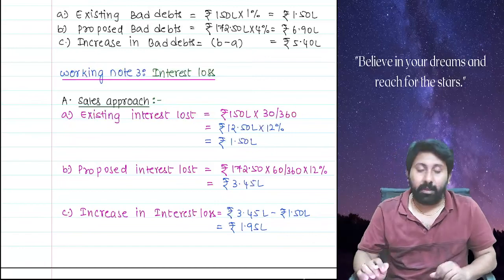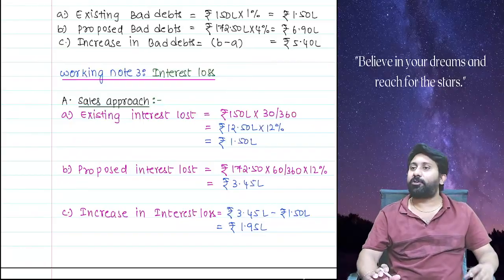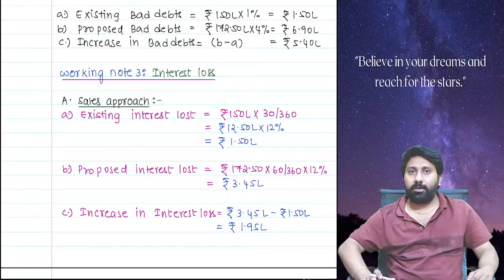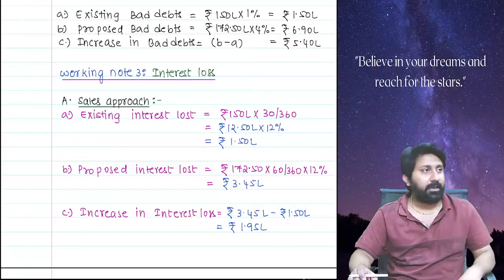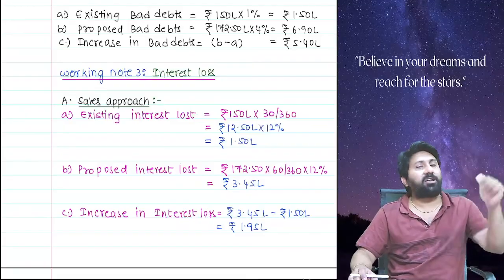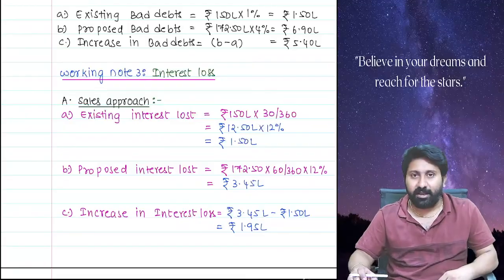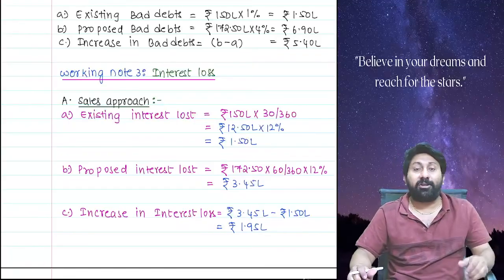I repeat. What is stock? Finished goods in the godown is called stock. Stock will always be valued at cost or profit. Second, same stock in the hands of customers, we call debtors. So when the same stock is in the hands of debtors, why are you adding profit?